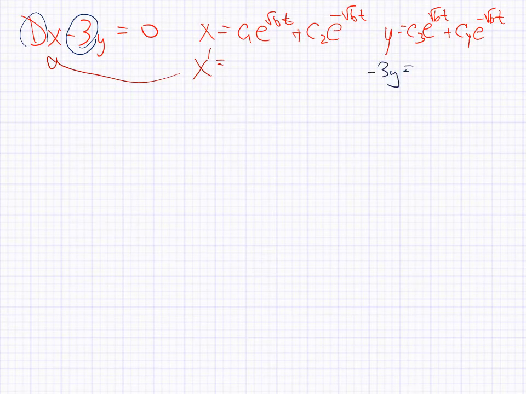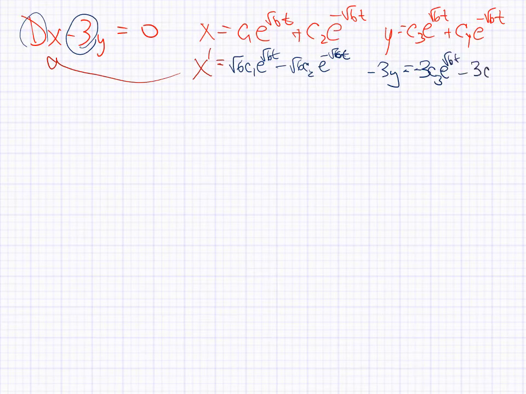All right, so the derivative, if we look at it, is going to be square root of 6 c1 e to the square root of 6t minus square root of 6 c2 e to the minus square root of 6t. And negative 3 times y would be negative 3 c3 e to the square root of 6t minus 3 c4 e to the negative square root of 6t. So we plug each of these in appropriately, and it has to be equal to 0.